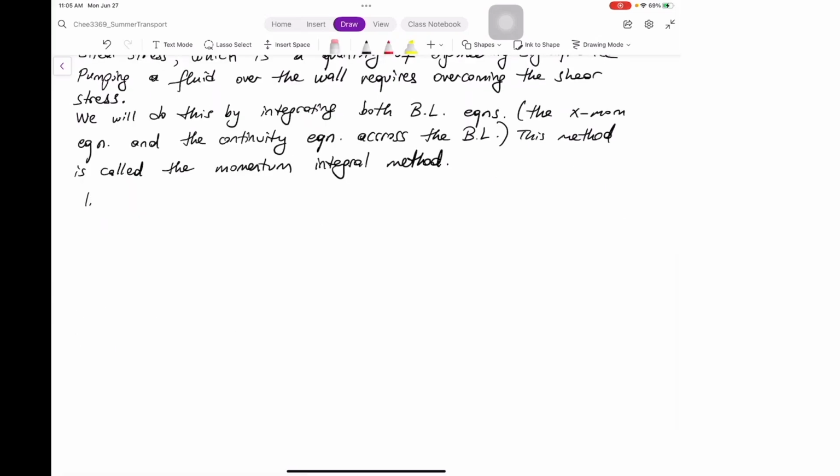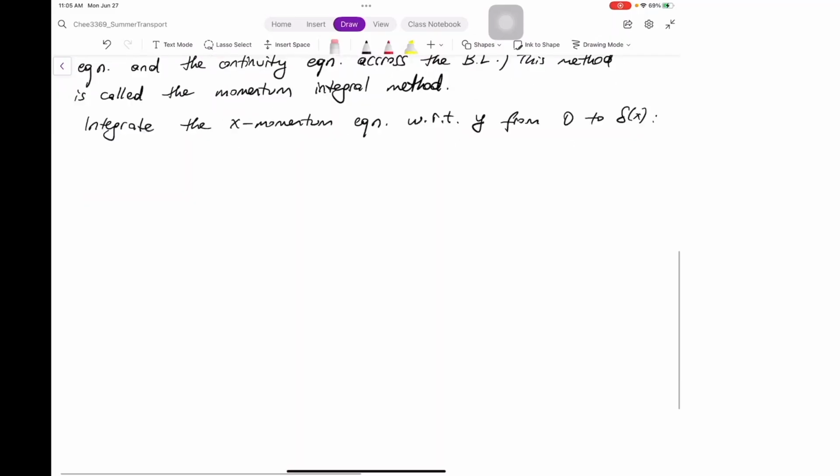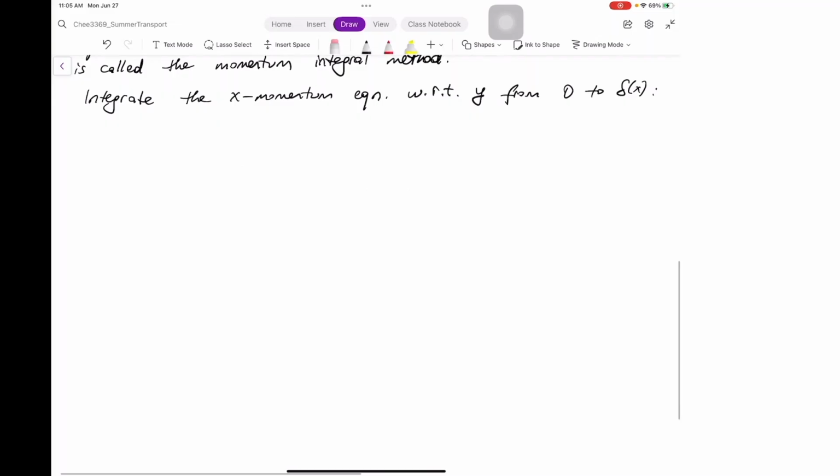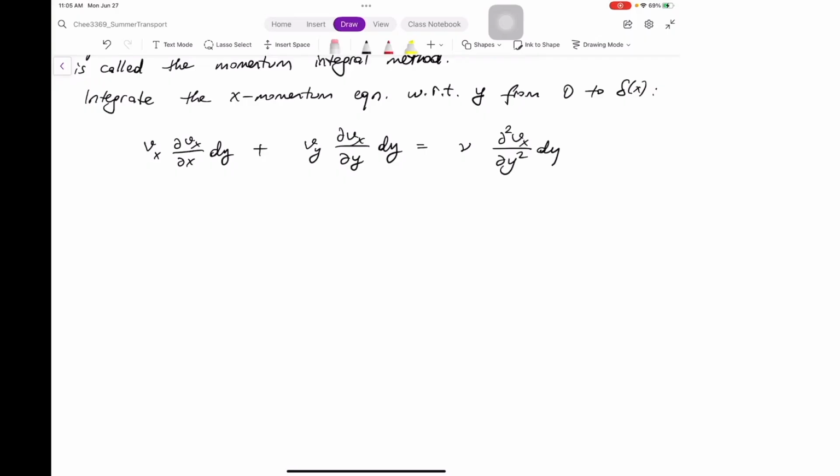So let's integrate the x momentum equation with respect to y from 0 to delta x. Our equation is going to be: Vx del Vx over del x dy plus Vy del Vx over del y dy is equal to nu del squared Vx over del y squared dy.